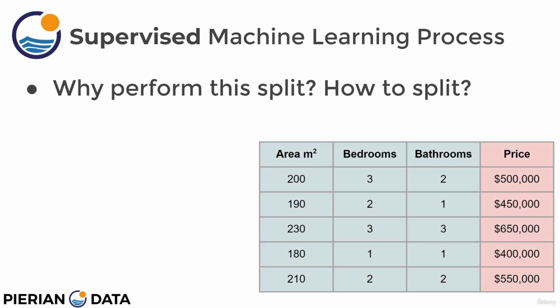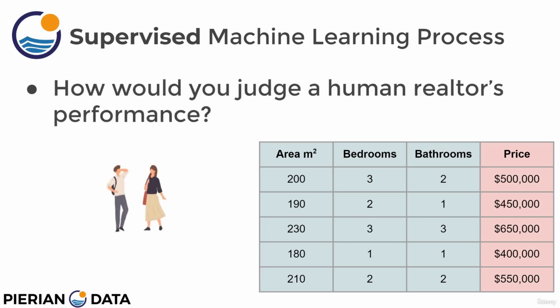Well, in my personal opinion, the easiest way to understand this is by taking a step back from judging an algorithm and deciding how would you actually judge a human's performance on choosing a selling or listing price for a new house on the market. So let's imagine you have a friend who is a human realtor.